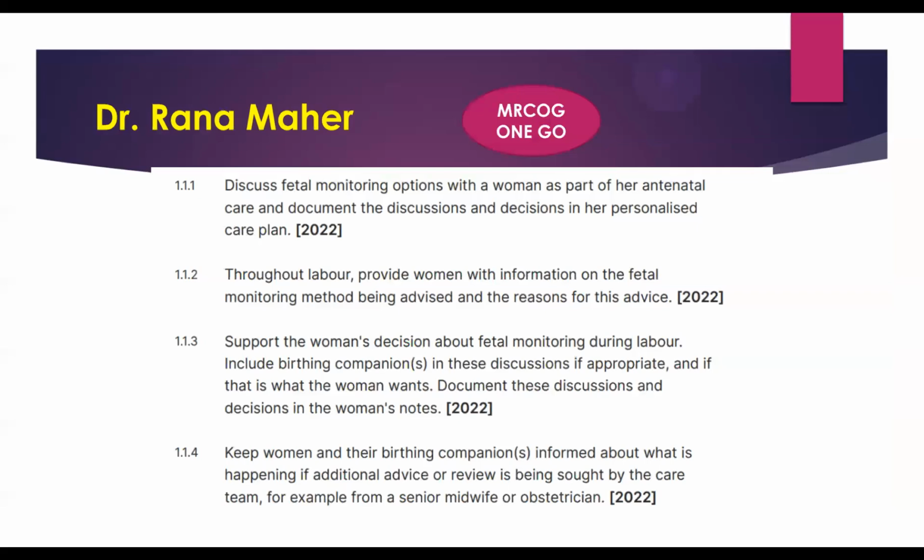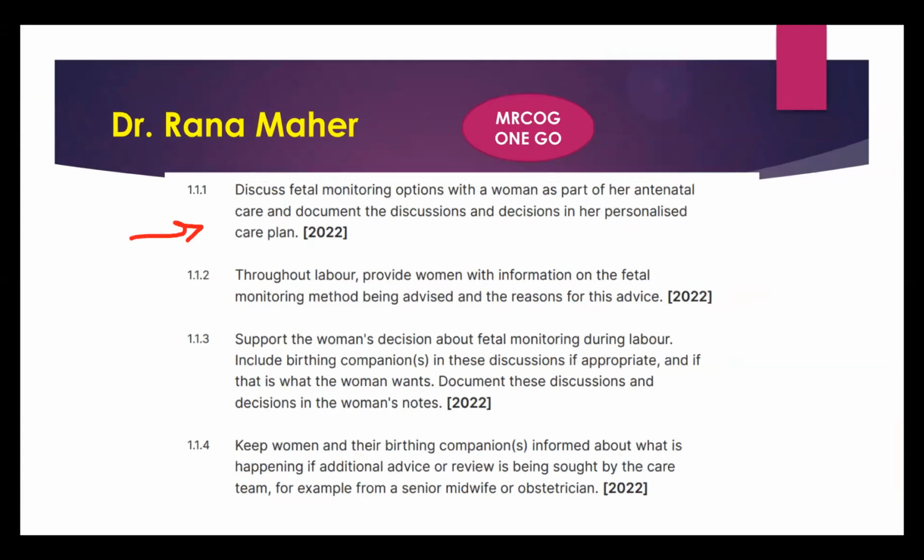So what you have here in the recent guideline, that we may offer fetal monitoring on personal preference. For example, the patient will request to have this CTG in the delivery. So this is the first change here, that we may offer the CTG as a decision in her personalized care plan.